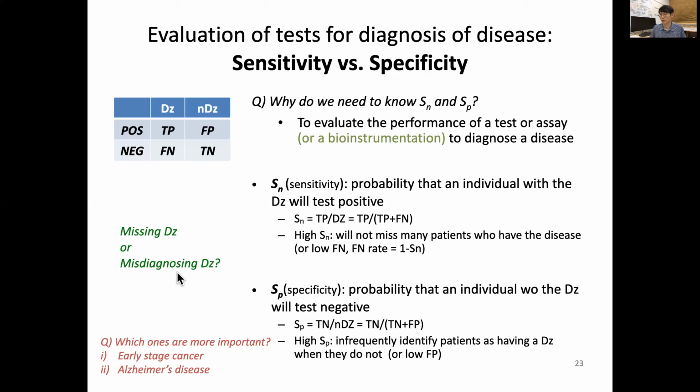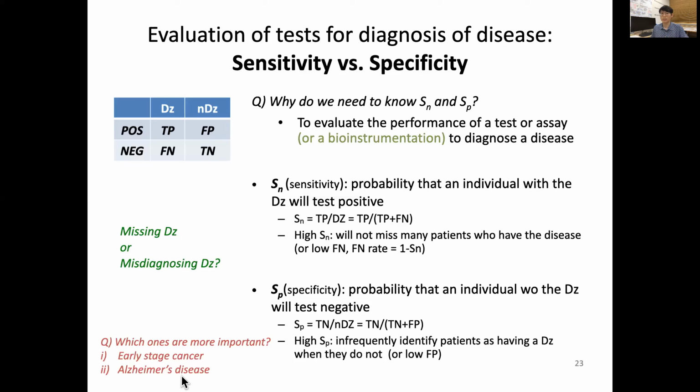Then what if I misdiagnose it? I actually do not have Alzheimer's disease, but this test gives me a positive, which is a false positive. Then I have to know whether I really have Alzheimer's disease, so I need a more accurate test, which will be costly. I undergo follow-up exams, and that gives me more burden.